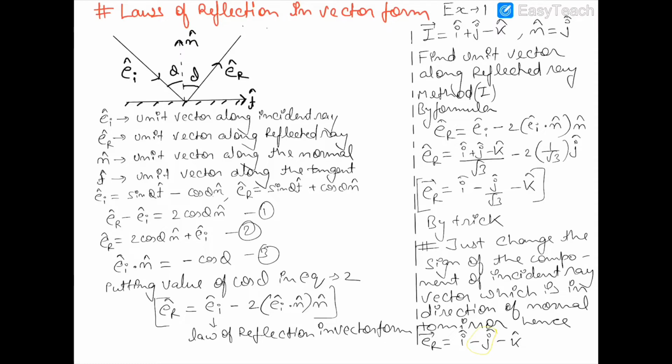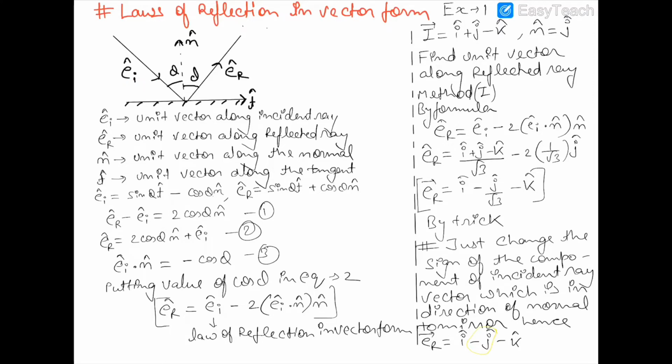I've already written the notations I'm using: ei cap is the unit vector along the incident ray, er cap is the unit vector along the reflected ray, n cap is the unit vector along the normal, and t cap is the unit vector along the tangent. Hence we can split ei cap into components.